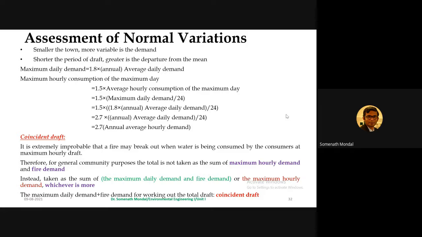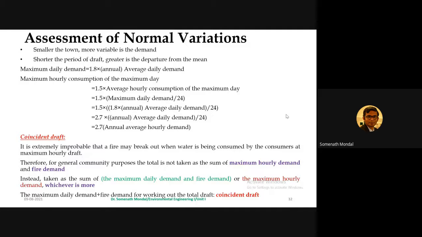Now maximum hourly consumption of the maximum day would be 1.5 into average hourly consumption of the maximum day. So that would come as 2.7 of annual average hourly demand.